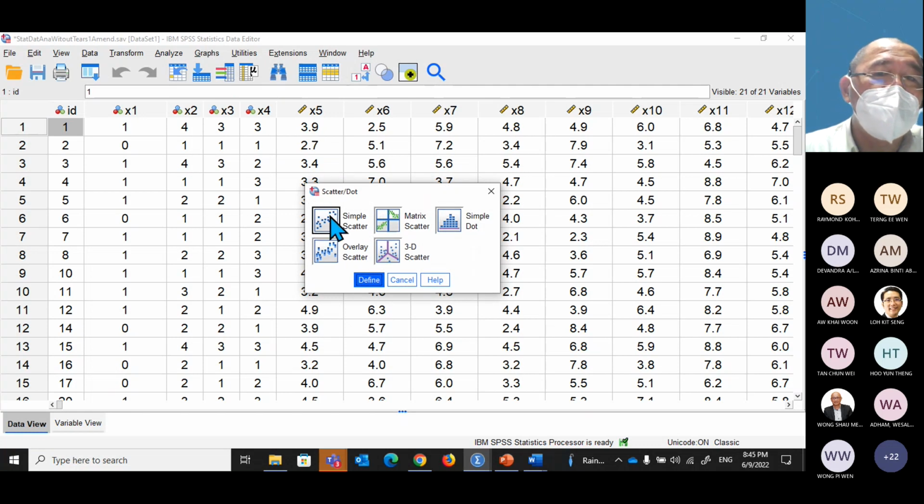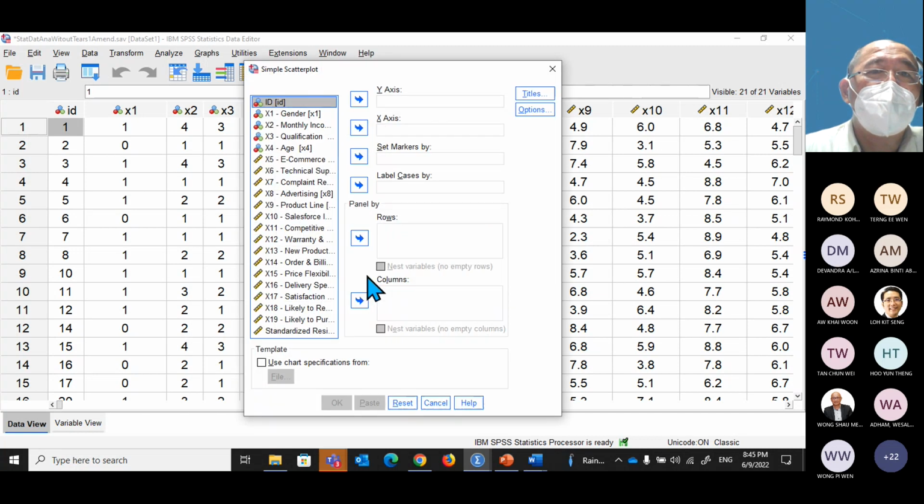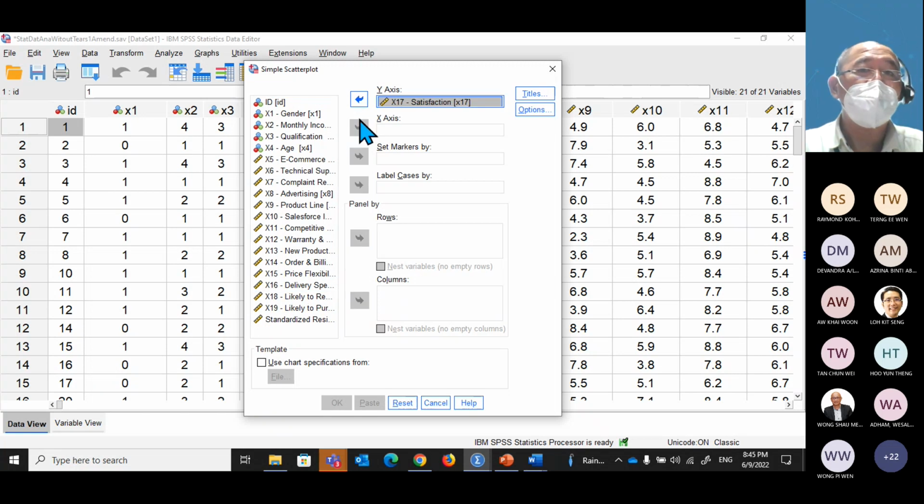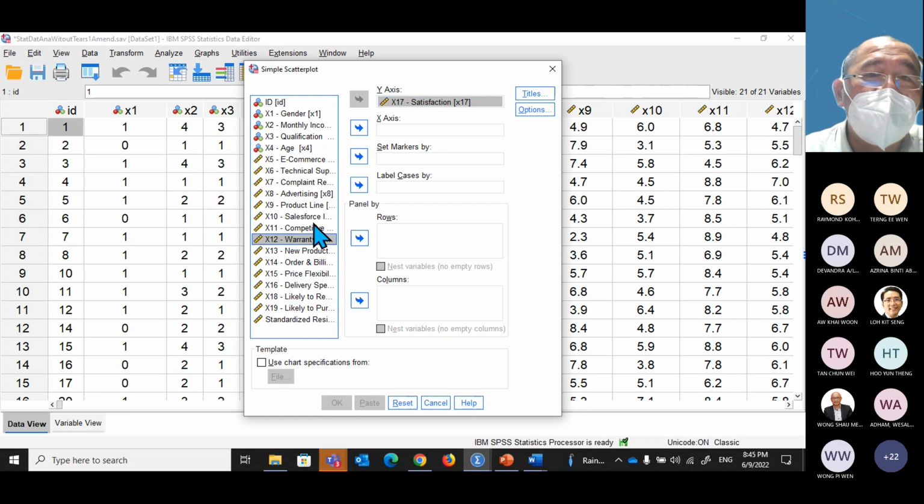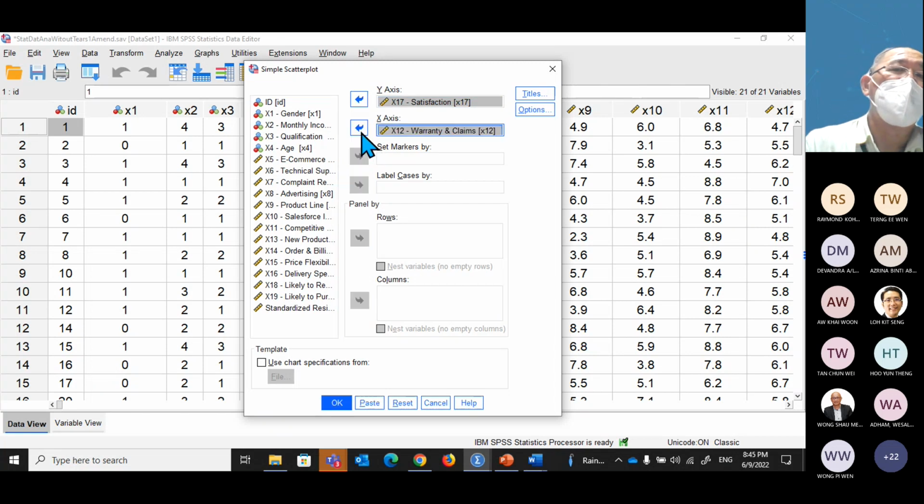Simple scatter, and then define. The Y is always the dependent variable, therefore X17. For X we use X12.